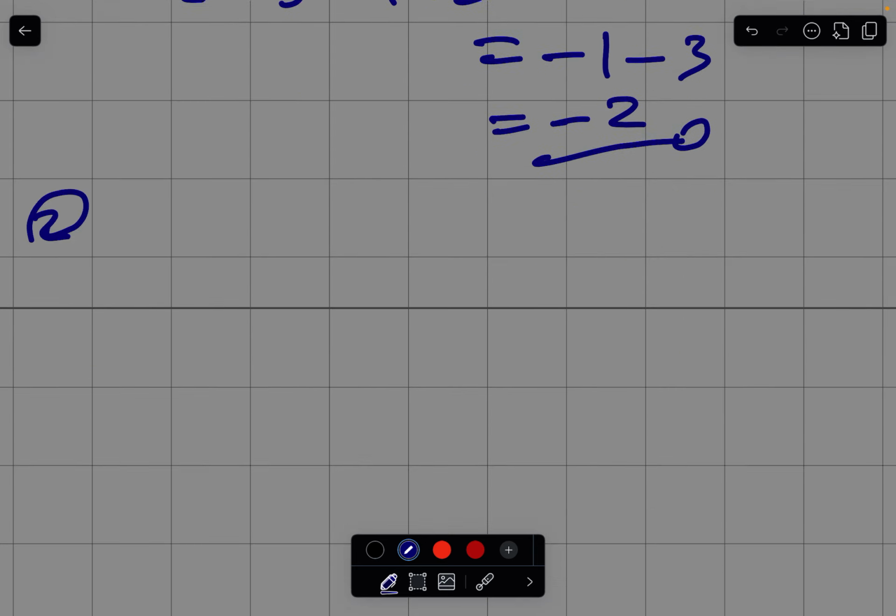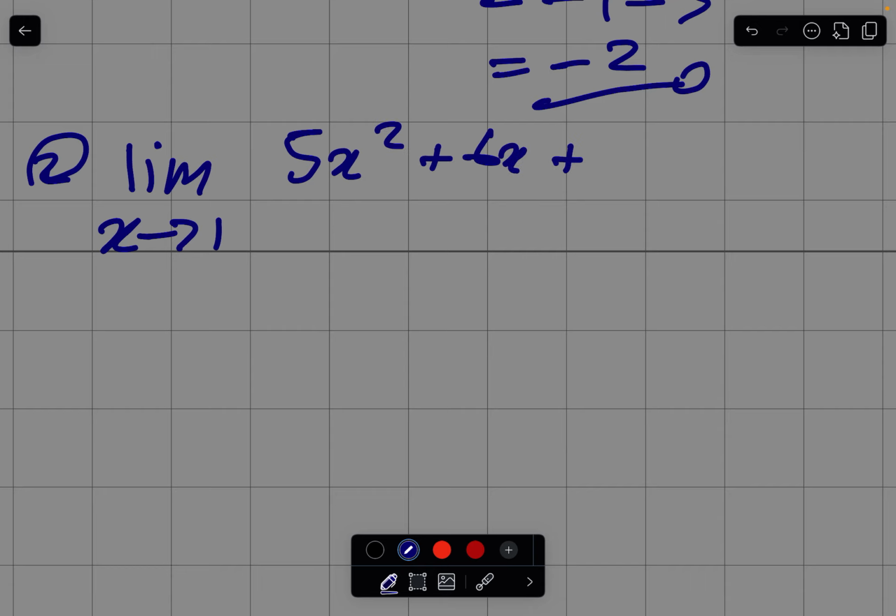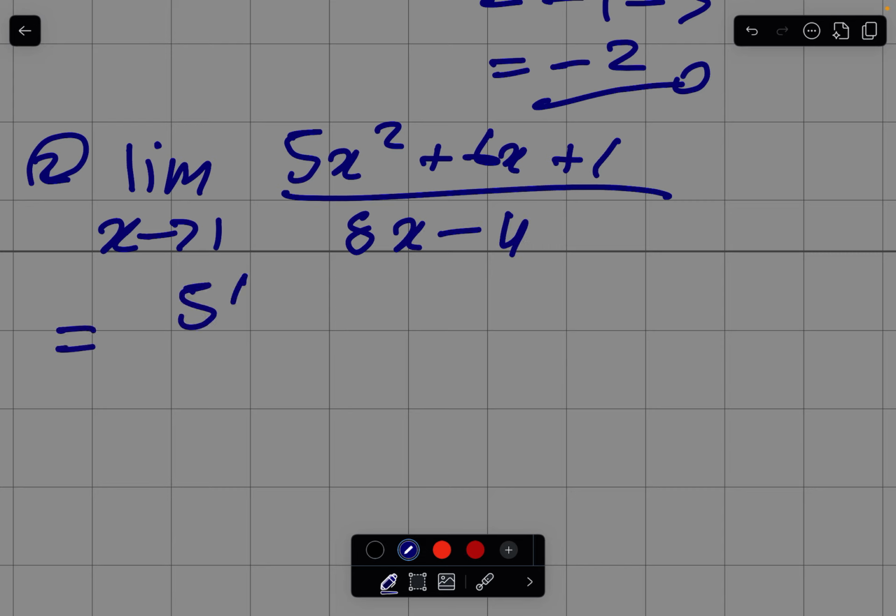Another second question will be somehow simple. We're going to have the limit of 5x squared plus 6x plus 1, all divided by 8x minus 4. The first thing is to substitute your value.